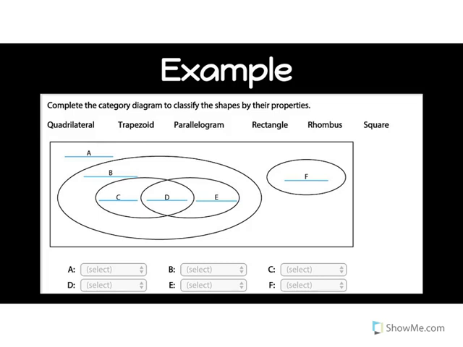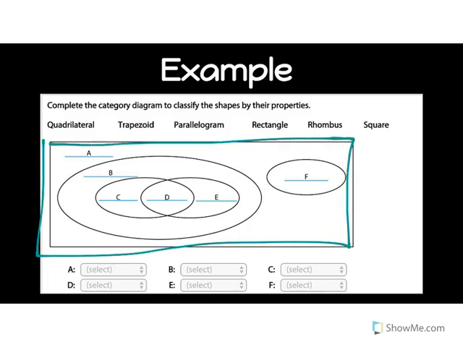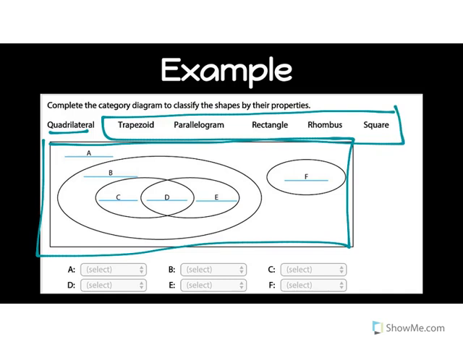So when I look, I notice here's A. A is inside of the whole box. So what word would name all the shapes inside the box? Well, a quadrilateral is going to name all of these, right? So I'll give you a hint. A is going to be quadrilateral.